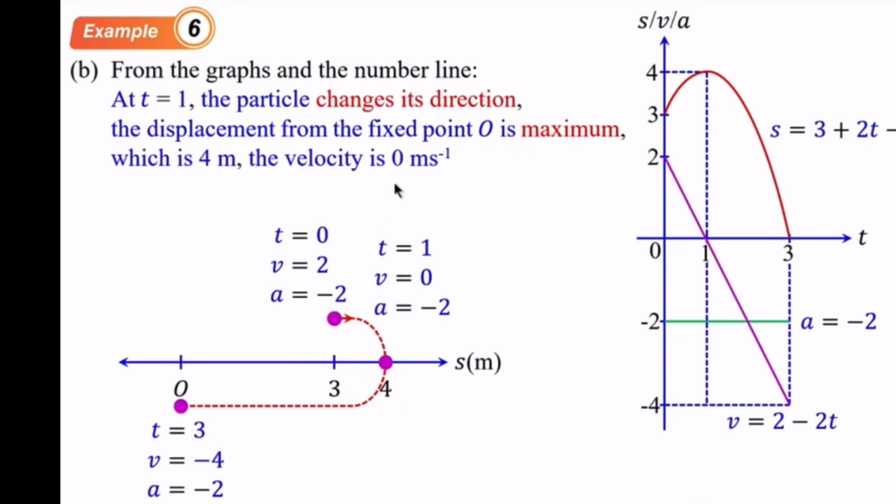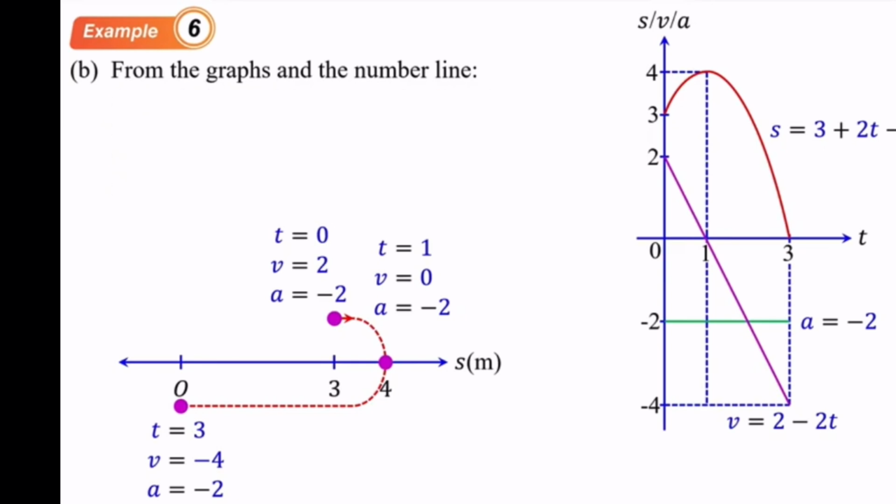You can see the purple line is cutting the t-axis, meaning that at time equal to 1, the velocity is 0, and then the acceleration remains as -2. The acceleration is still -2 meters per second squared.